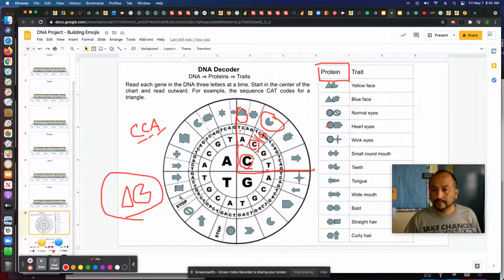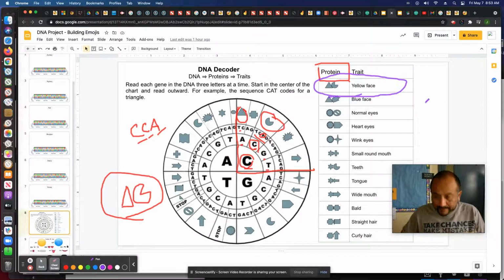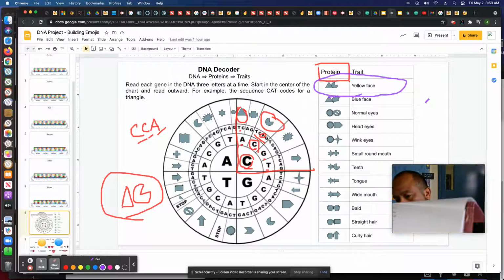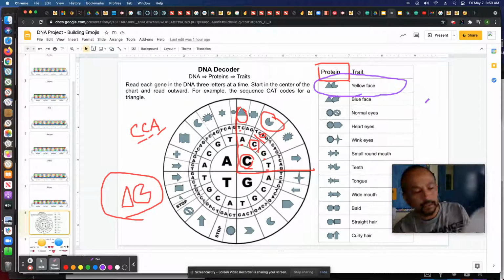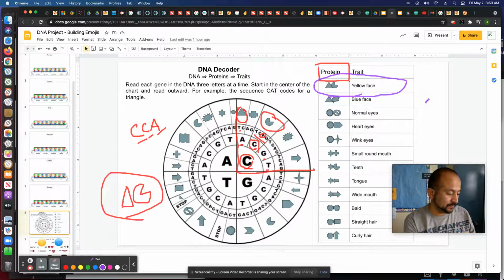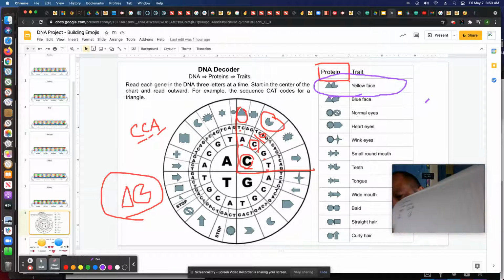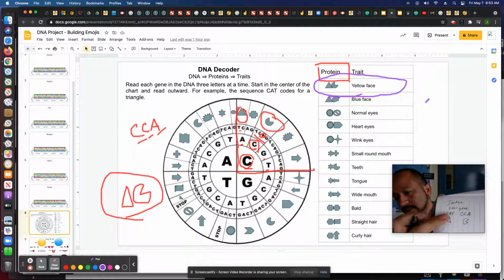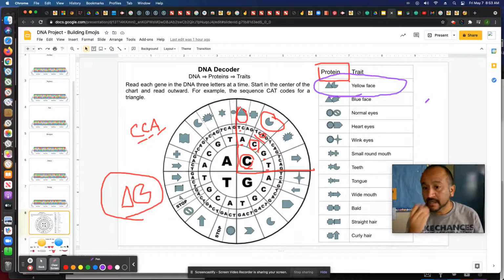Where do you see it? There it is. And I'm also going to write it here because it's good to write it down. So we have the triangle and the Pac-Man looking shape, which give Jordan its color gene of a yellow face.